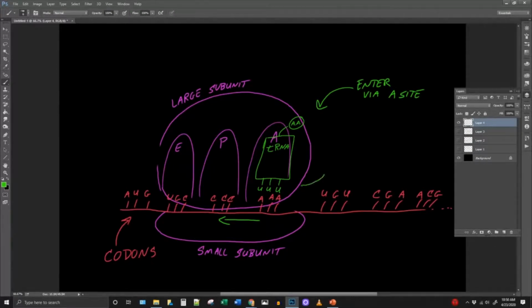Codon recognition occurs there. And then the whole thing moves down 3 letters, which is called translocation.